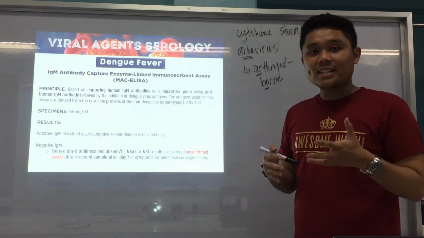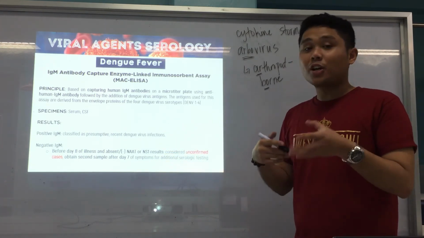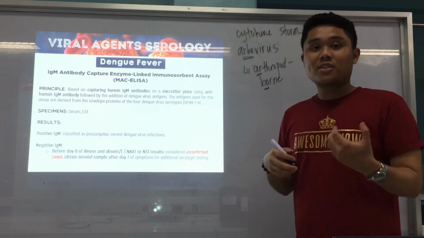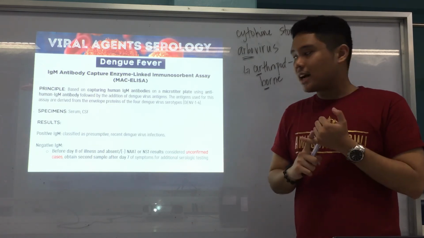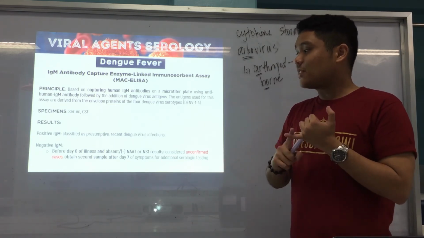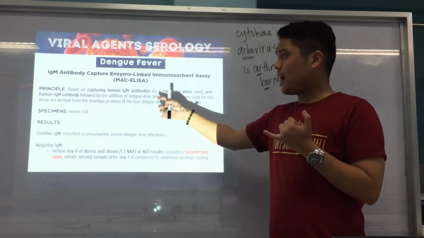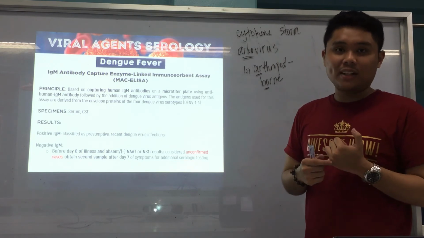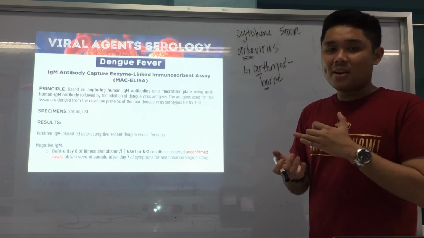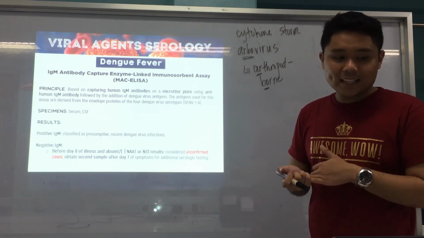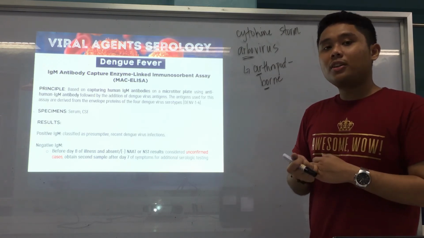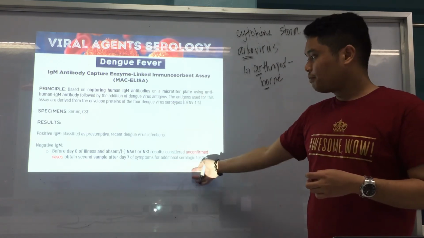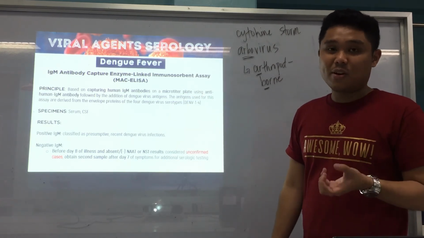You need to retest after day 7 of symptoms for additional serological testing. So if you are negative for IgM before day 8 of illness, like day 5 or day 6, and also negative for NS1 or NAAT, then you retest after day 7 of symptoms.